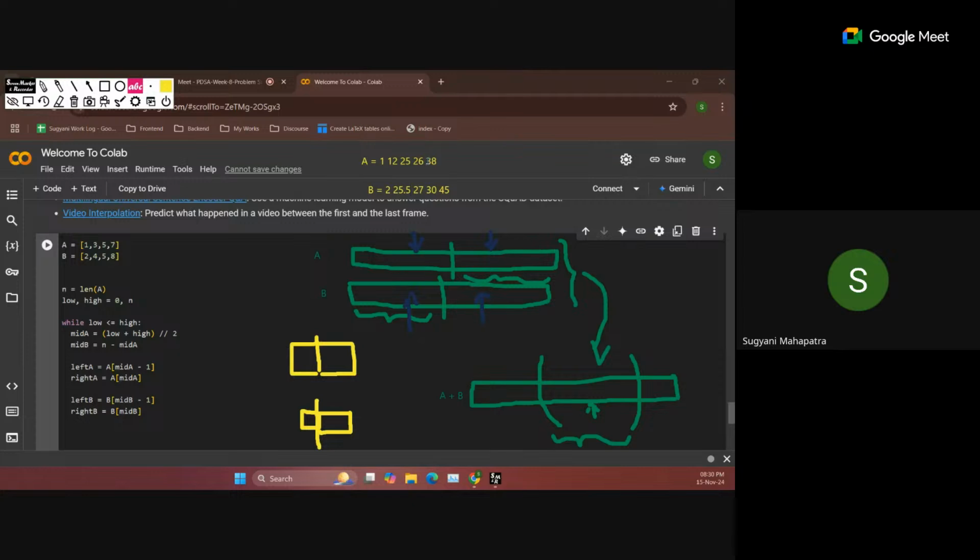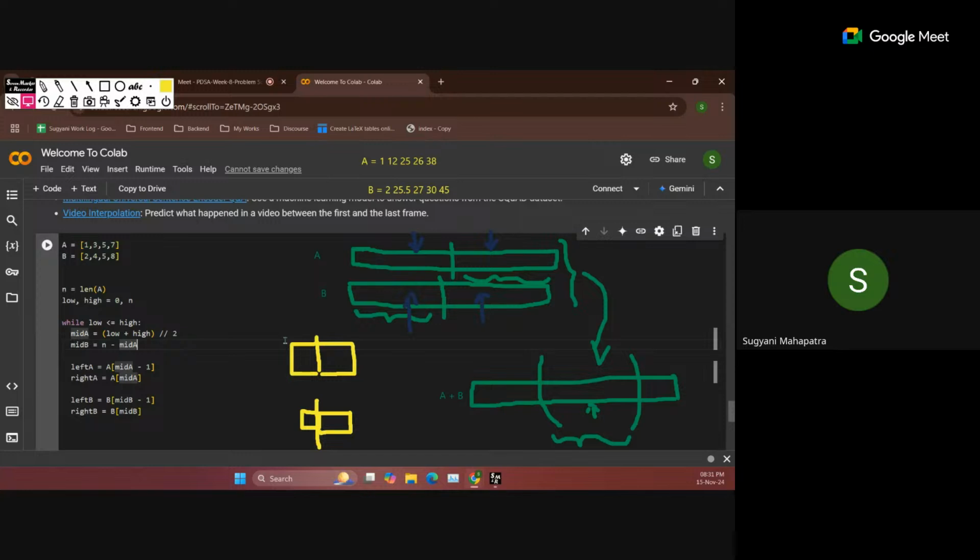How do we determine in this scenario? Okay, so what we do is we will compare left of A and right of B. We will compare the positions of left of A and right of B. That is the reason why we are taking n minus middle of A. What will happen here is this middle of A will be slightly shifted.